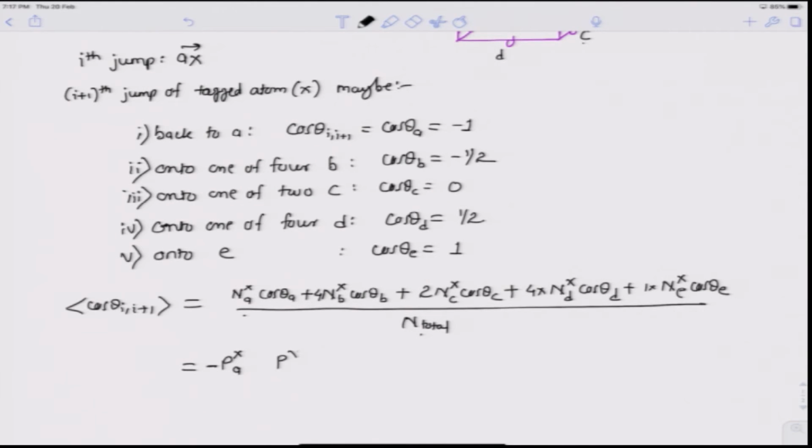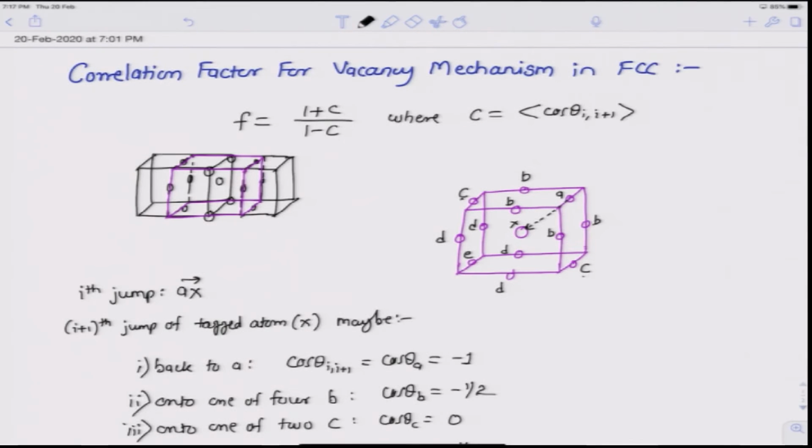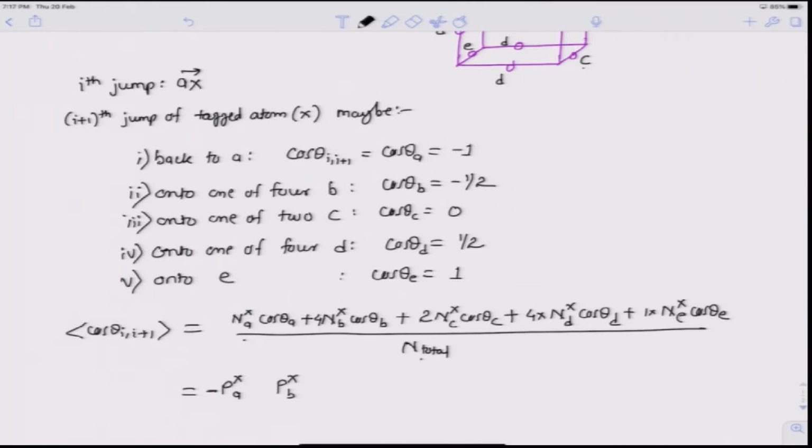Similarly, P_xB is the probability that the atom X makes its i plus first jump to a site of the type B. So, this will be P_xB, and cos theta B we know is minus half, and there are 4 such sites.